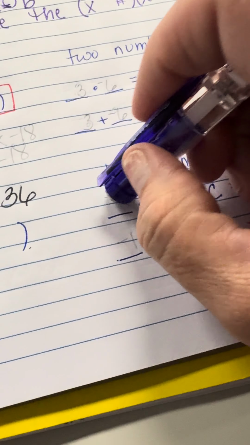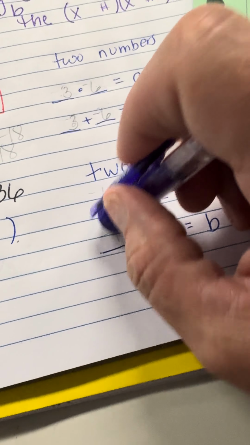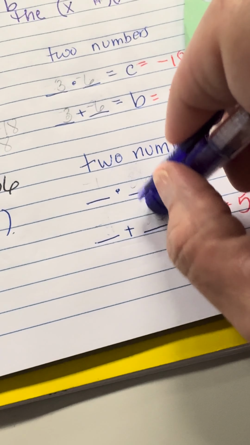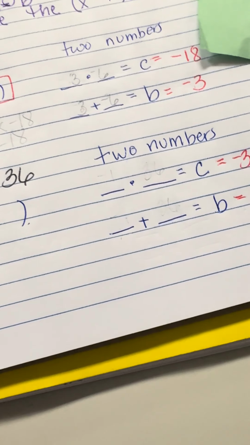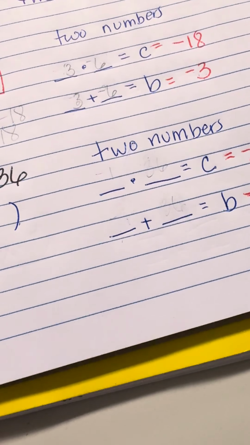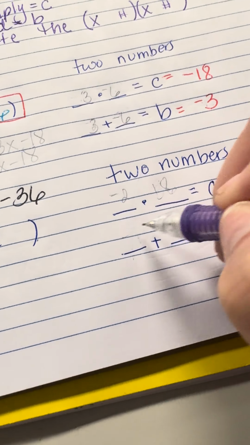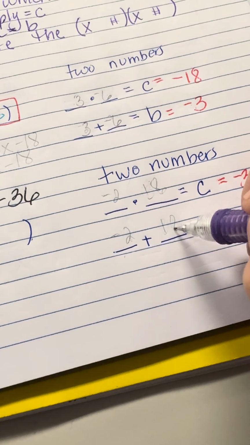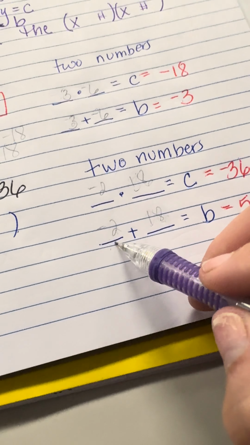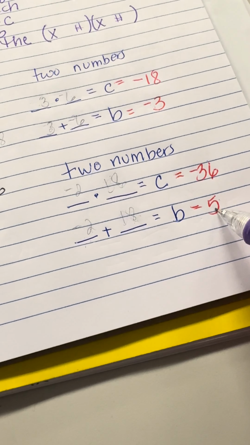That's not right. And usually about now in class, I have a couple of people who really know what they're doing, and they shout out the answer. But we're not in class, so I'm going to move to the next one on the list, 2 and 18. Negative 2 times 18 is negative 36. Negative 2 plus 18 is 16, not 5.